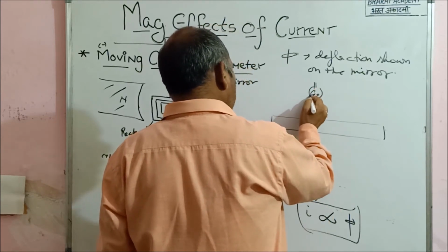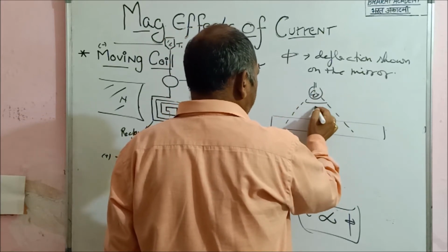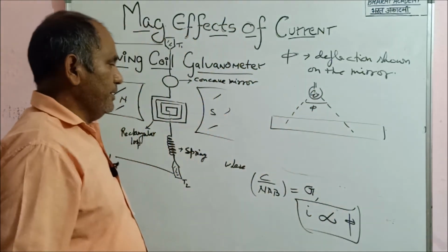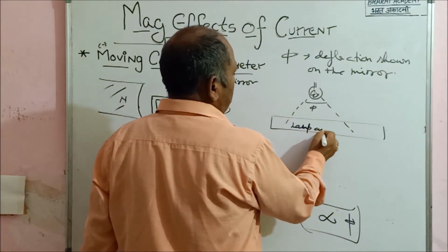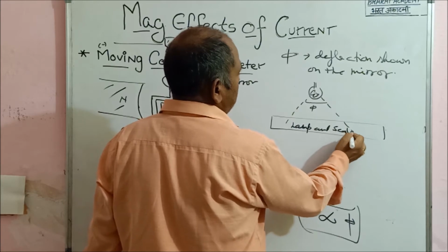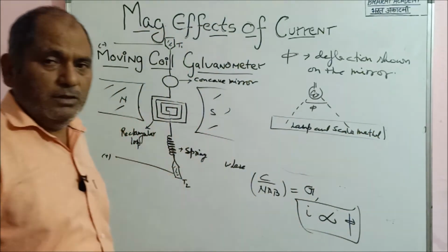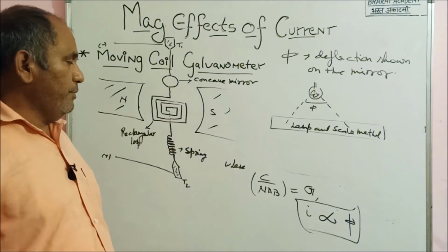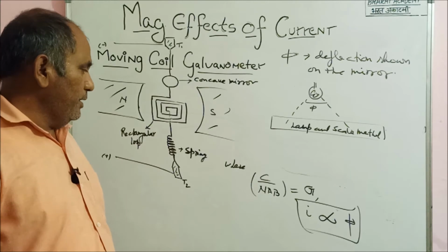How much it gets deflected, that's how we calculate the φ, right? This is called the lamp and scale method. So this is the working of the moving coil galvanometer, right?